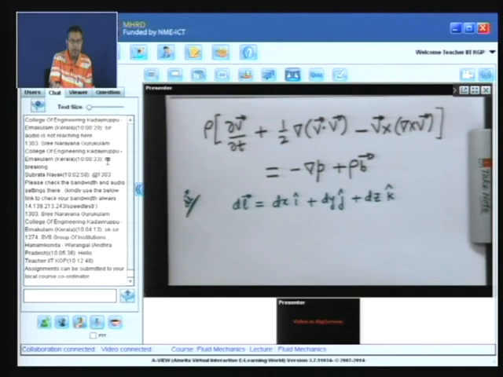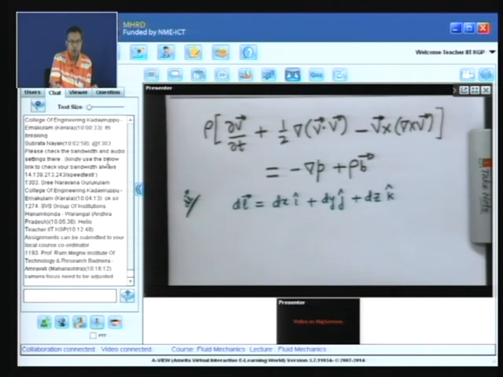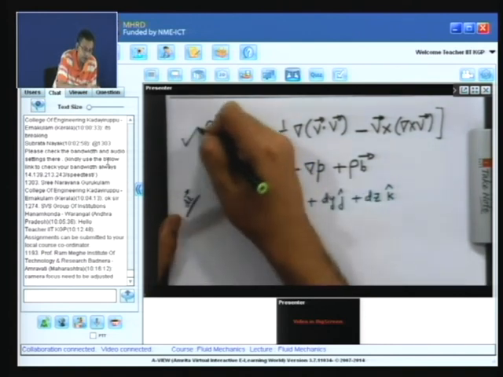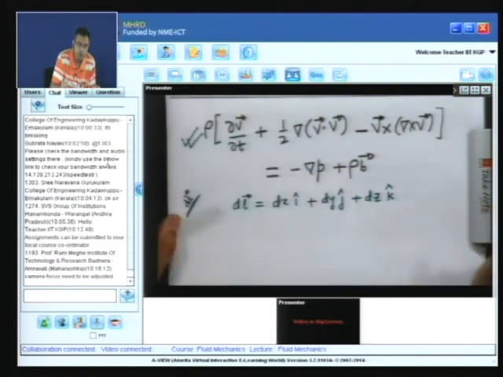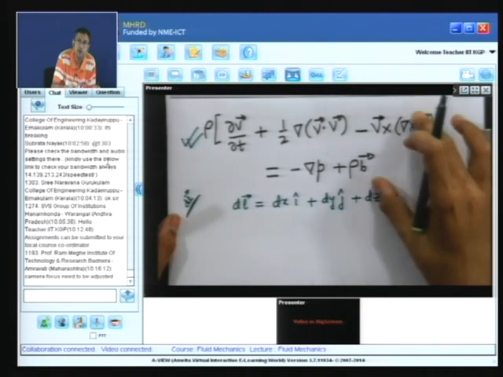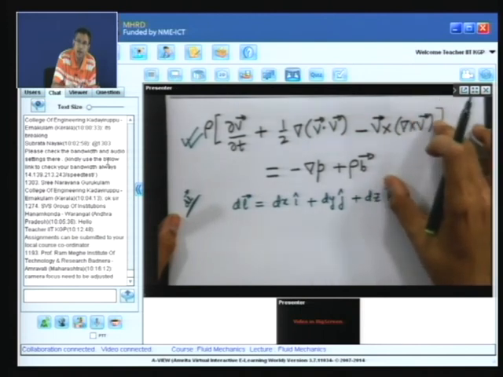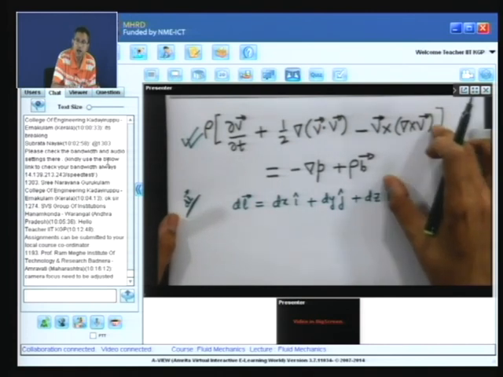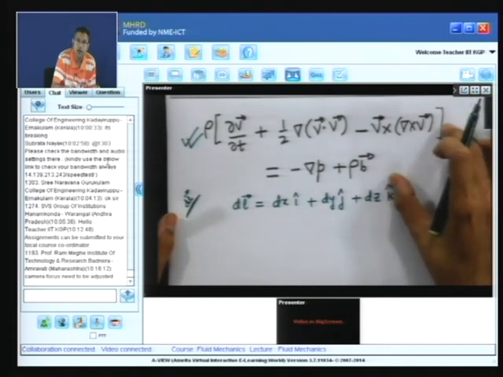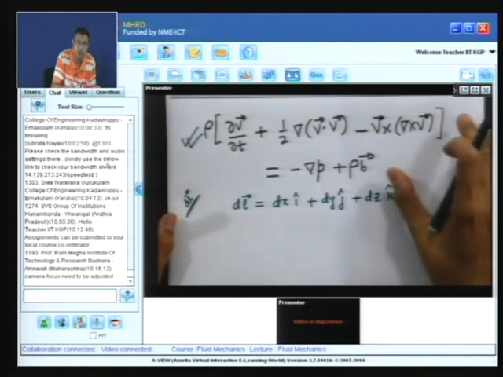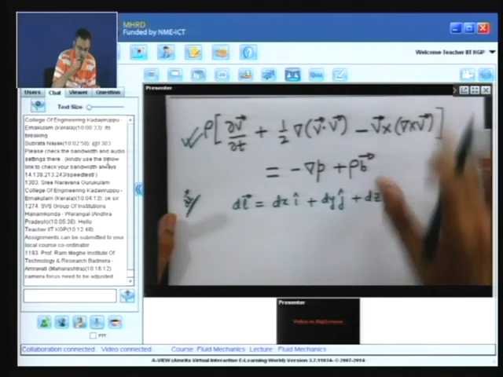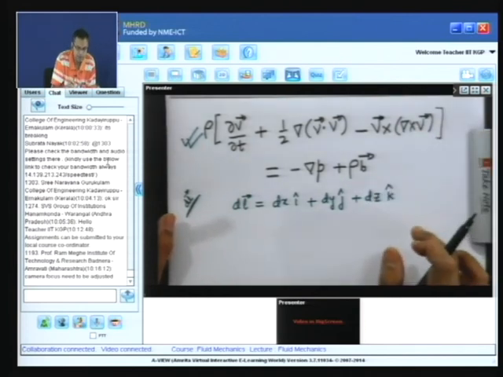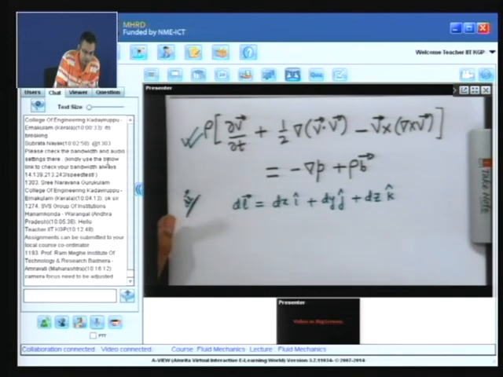We want to make a dot product of this equation with dl. Physically it means that we want to make a projection of this equation along a line element, and later on we may choose this line element as a part of a streamline, that we will see later on. So, what we will do is, we will take the projection.